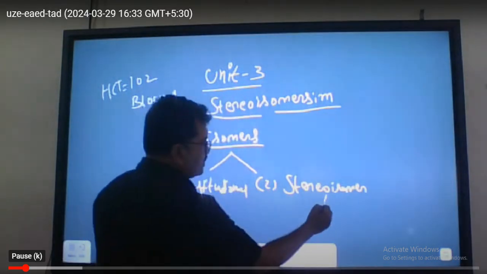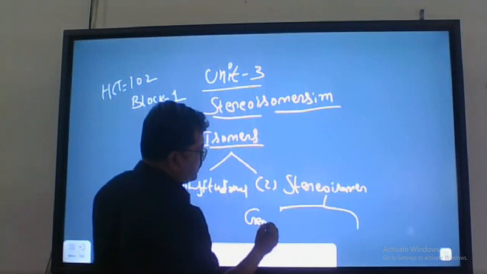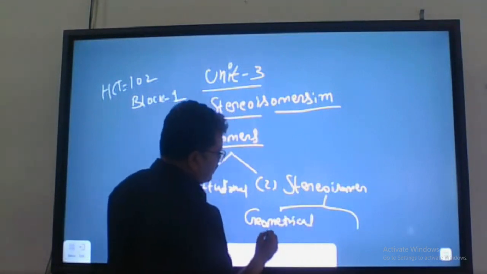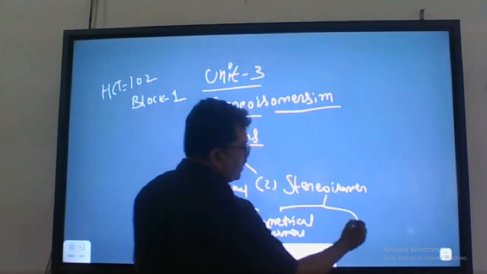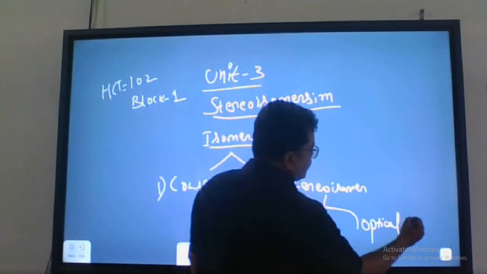In the stereoisomers, one is geometrical isomers and the next one is optical isomers.